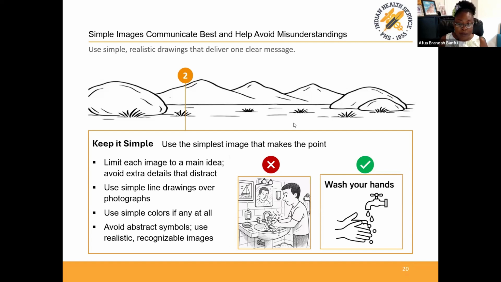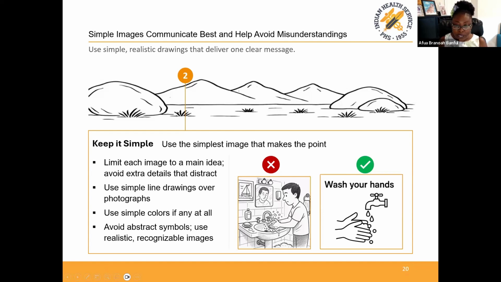So let's look at this example here. This tells you what the image is about. Wash your hands. These look like human hands. They are under a tap. There's water coming out. You can imagine little bubbles, this is wash your hands. Whereas this other one, you could make so many stories of this, right?